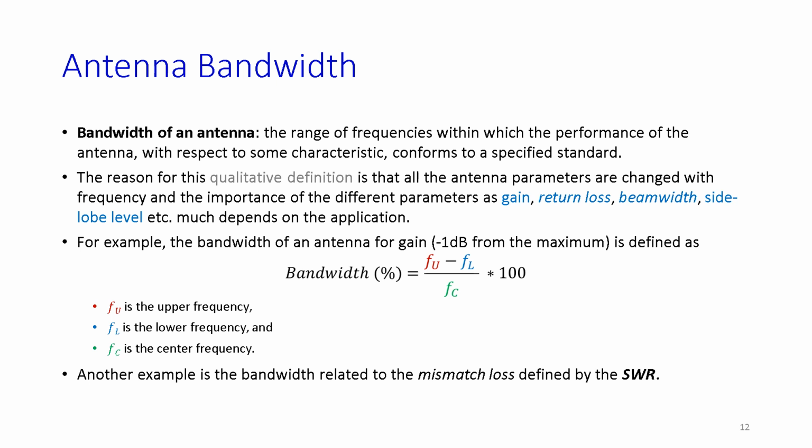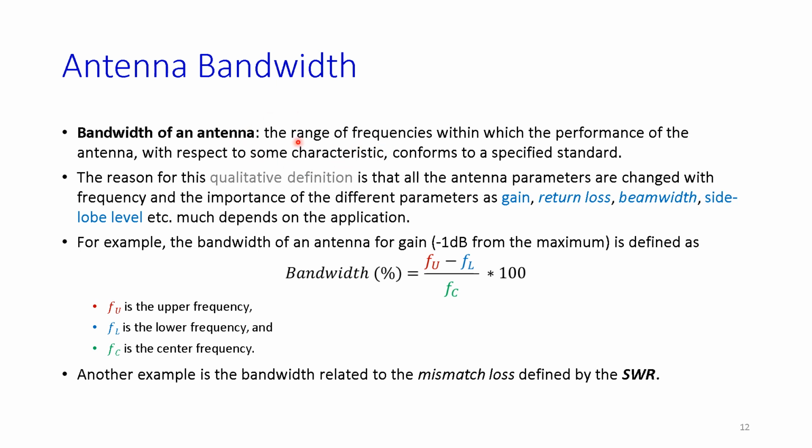Now, back to some of the antenna's parameters. The antenna beam width, we discussed, is measured in angles. If you look at the antenna bandwidth, then it is the range of frequencies within which the performance of the antenna with respect to some characteristics conforms to a specified standard.